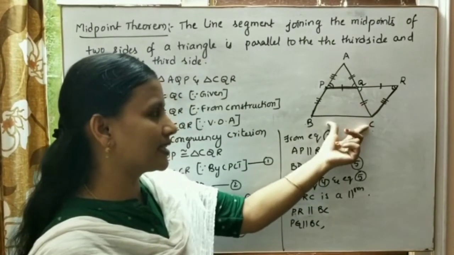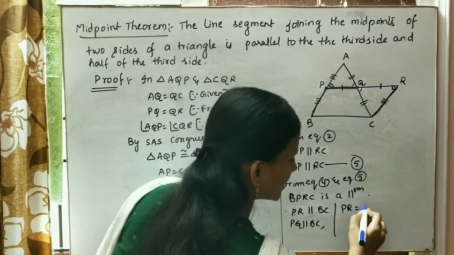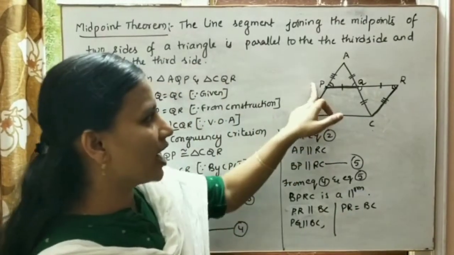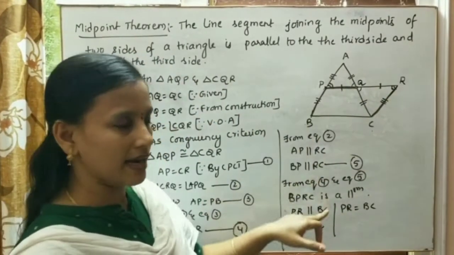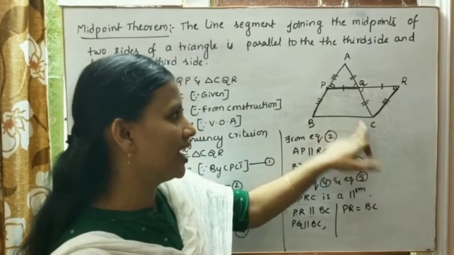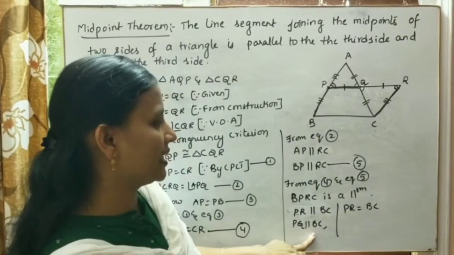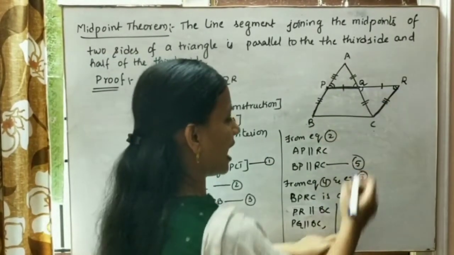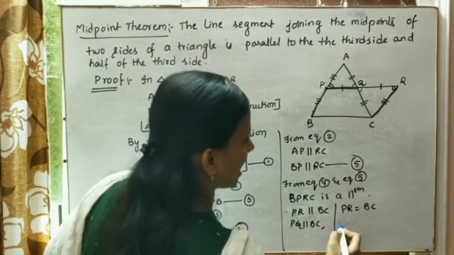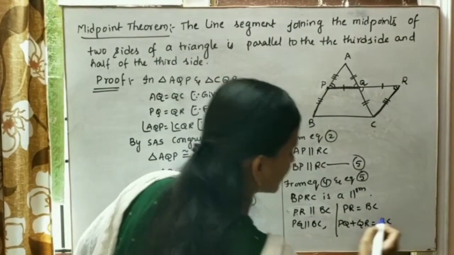PR is parallel to BC and PR is equal to BC, because PRCB is a parallelogram. If PR is equal to BC, we can write PQ plus QR is equal to BC.